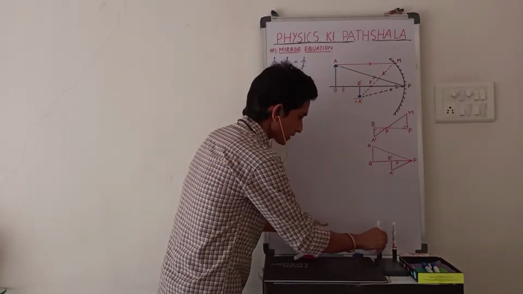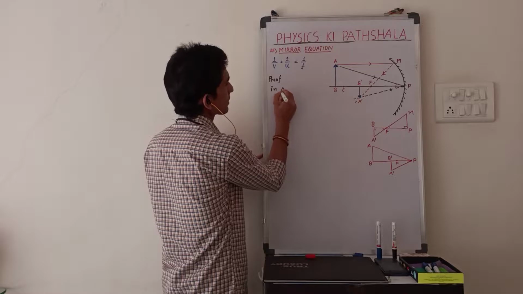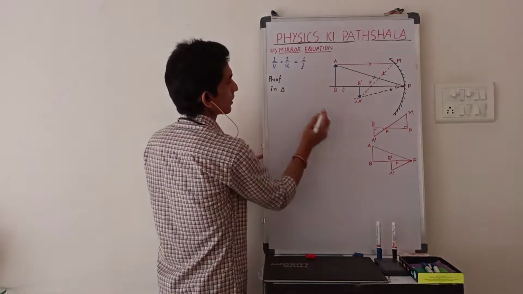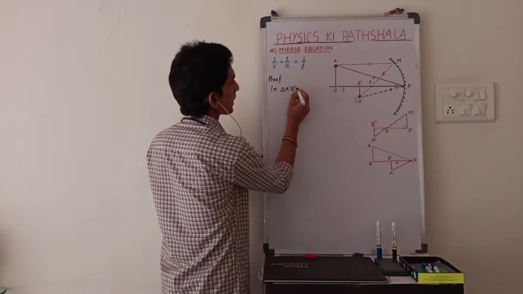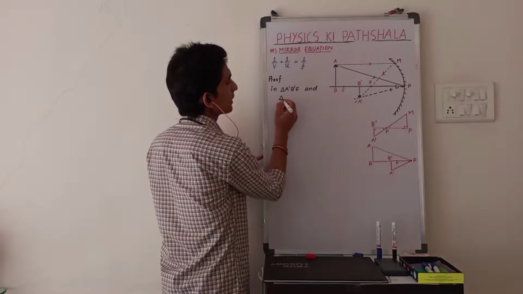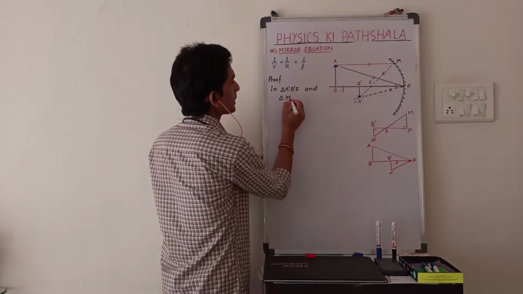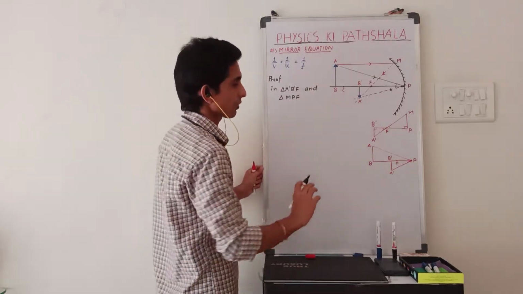So I will write that in triangles A prime B prime F and triangle MPF, we can write the ratio of corresponding sides.